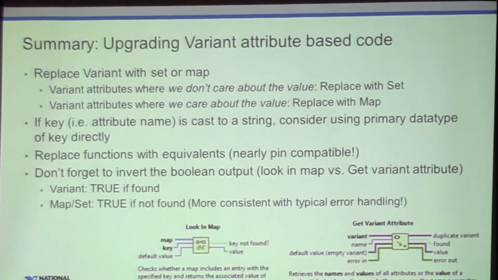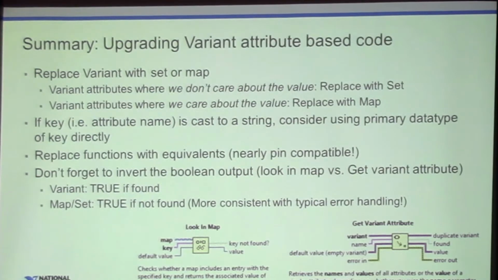Replace all the functions with equivalents, nearly pin compatible, as I showed. Don't forget to invert the Boolean output. There's one change, and that's very important to know. If you just blindly replace these two functions, look in map versus get variant attribute, there's a Boolean output, which in the map is key not found. It's true if the key is not found. In get variant attribute, it's true if the key is found.